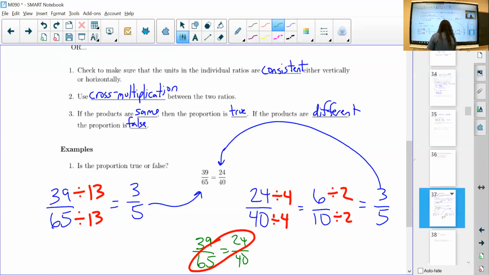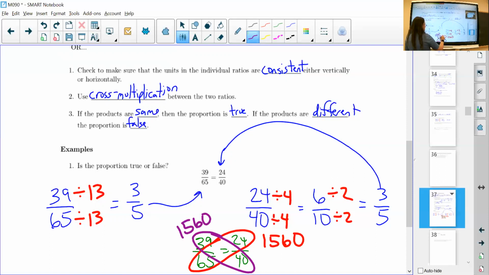And then 39 times 40, well, that's 40 less than 40 times 40, so also 1560. The two products are the same, so the ratios are the same. This is a true proportion.